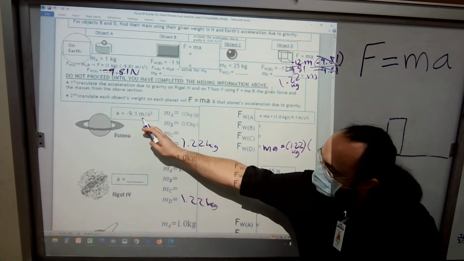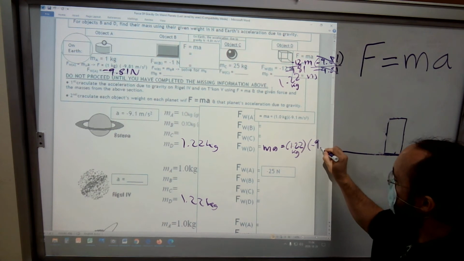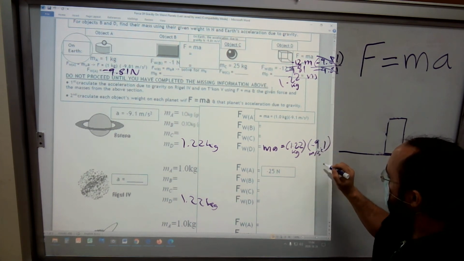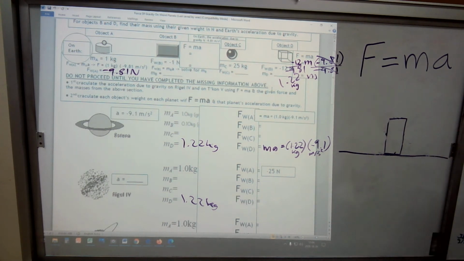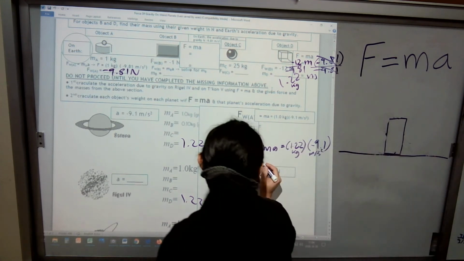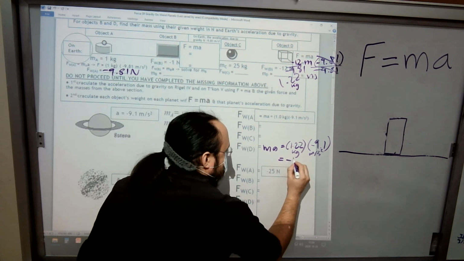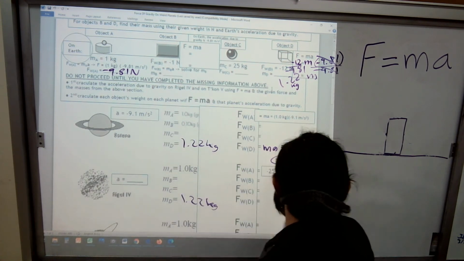And the acceleration due to gravity on Saturn is different from Earth. It's negative 9.1. And 1.22 times negative 9.1, I just did this, and I can't remember what it is. There we go. That's negative 11.1. And that's weight, so it's in newtons.